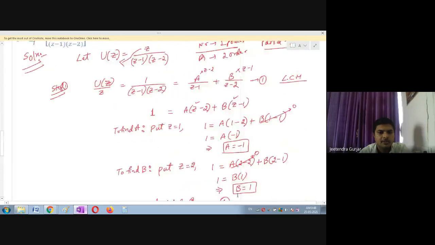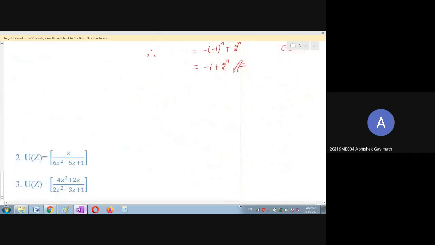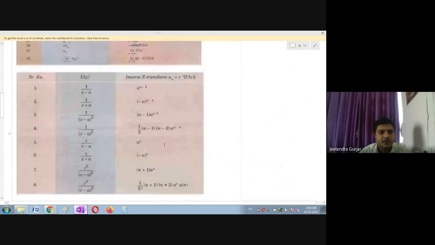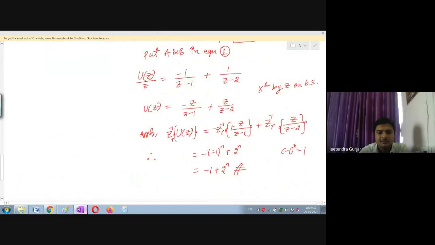Yes, will you solve the next example now? Have you understood? Why is that minus of minus 1 raised to n? See here, I have taken minus on both the sides. Okay, so I made it here plus.